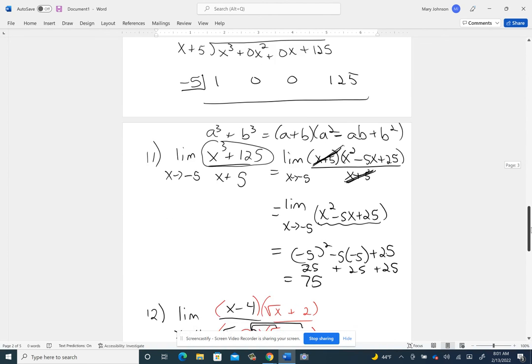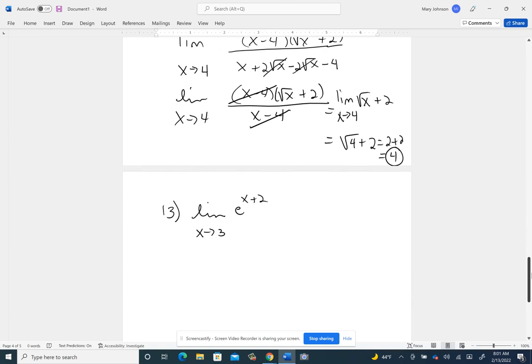Okay. All right, now 13, it was just an E, so you wound up not being as sure of yourself there. But using direct substitution, we could plug in the 3, and the exact value of your answer would be e to the 5th. And many of you plugged that into the calculator to get a decimal. And I didn't really count off for that, but that's not an exact answer.